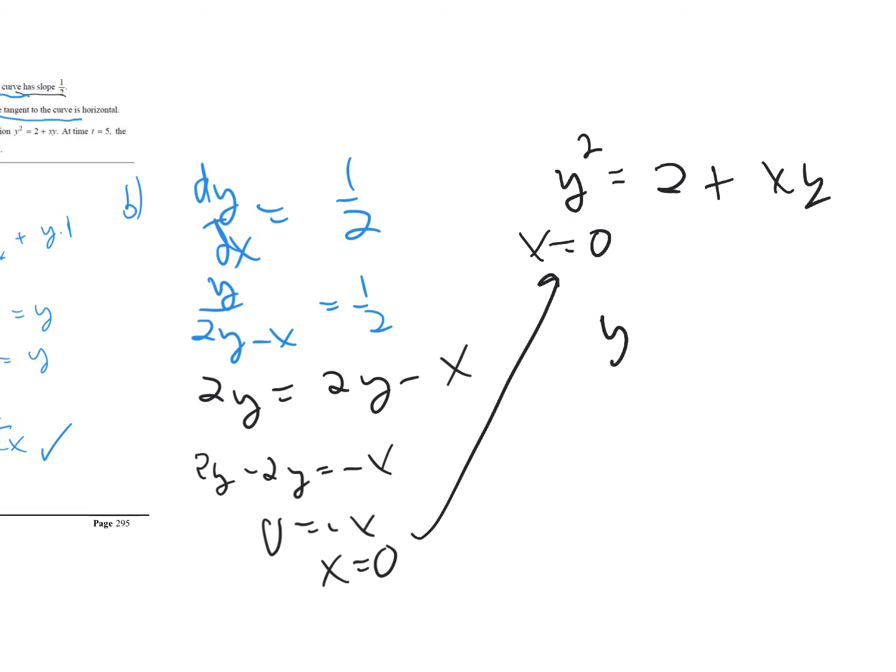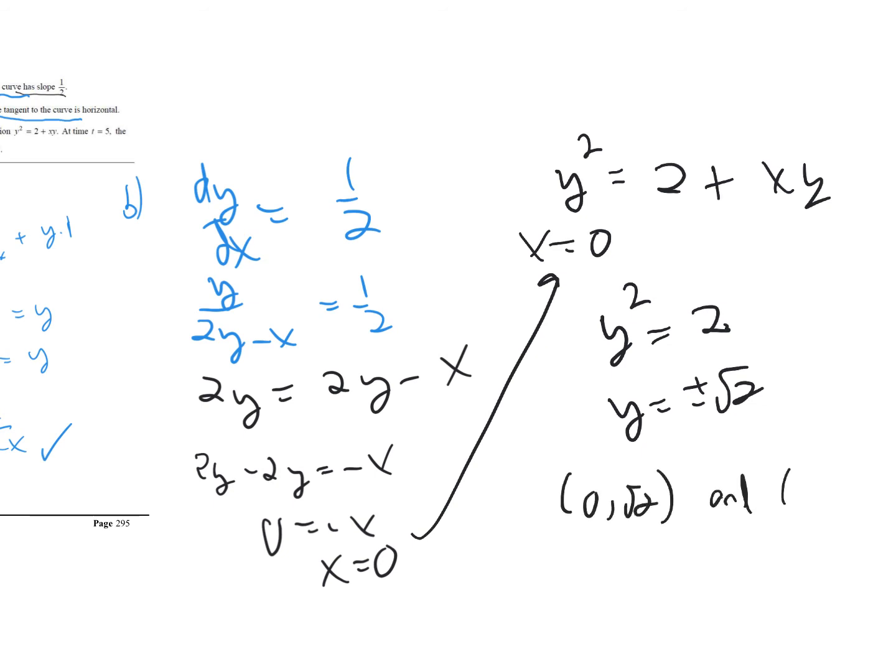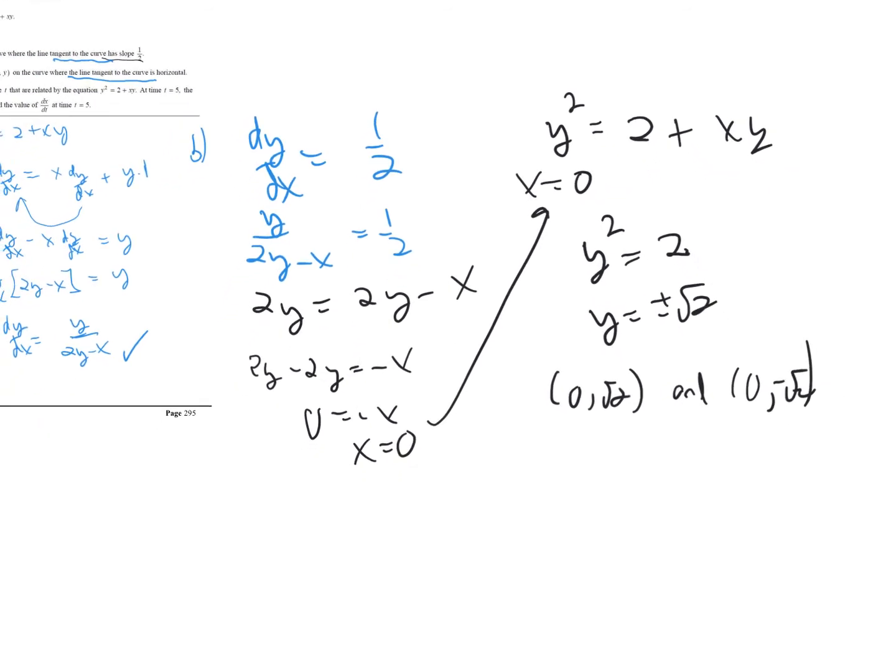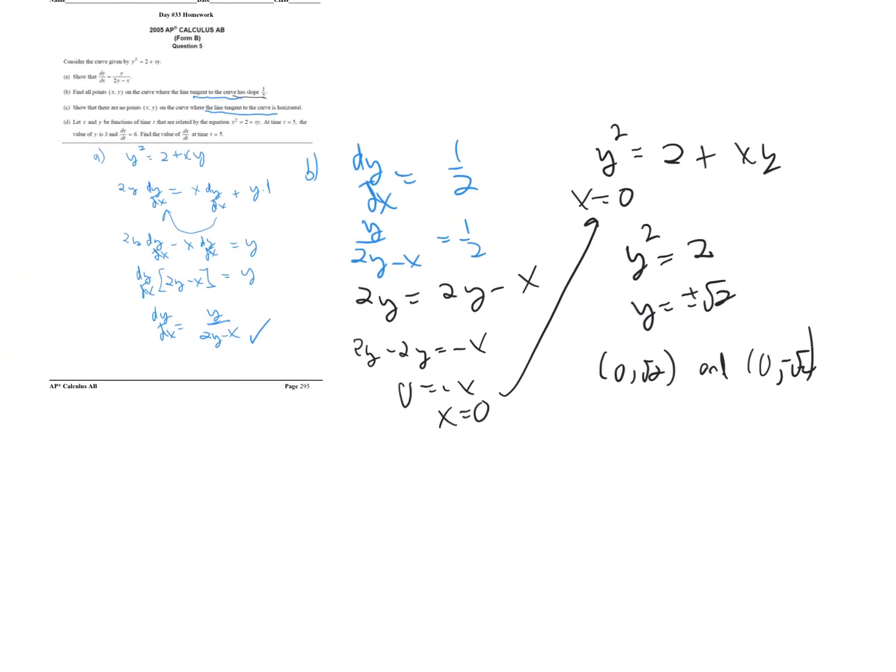So that gives me y squared equals 2. Take the square root of both sides, y is plus or minus the square root of 2. So I have a couple ordered pairs: (0, square root of 2) and (0, negative square root of 2). Those will be the two places where the slope is 1/2.